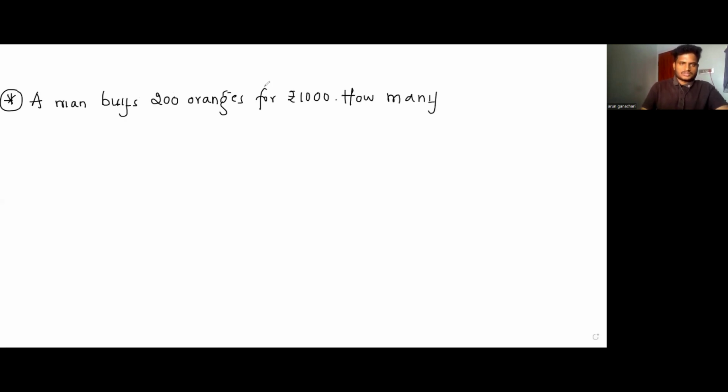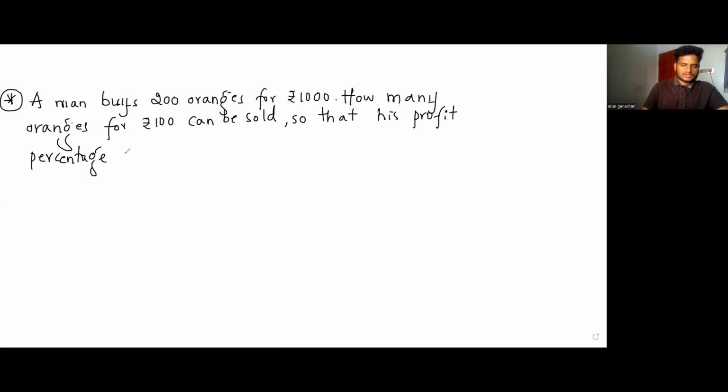How many oranges for rupees 100 can be sold so that his profit percentage is 25%? His profit percentage is 25%. Try this.